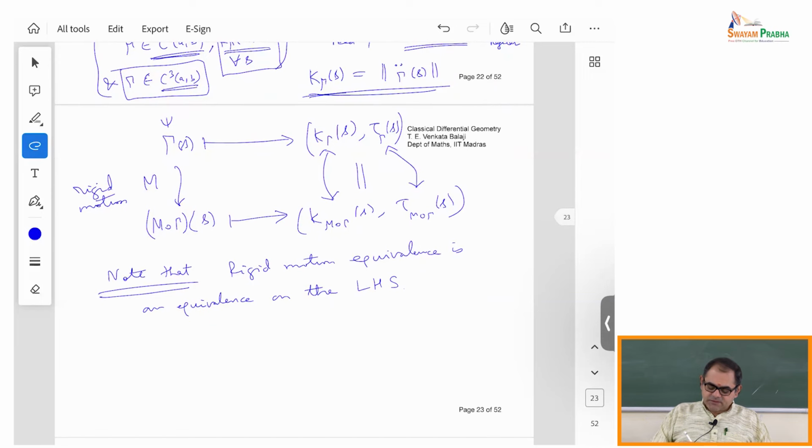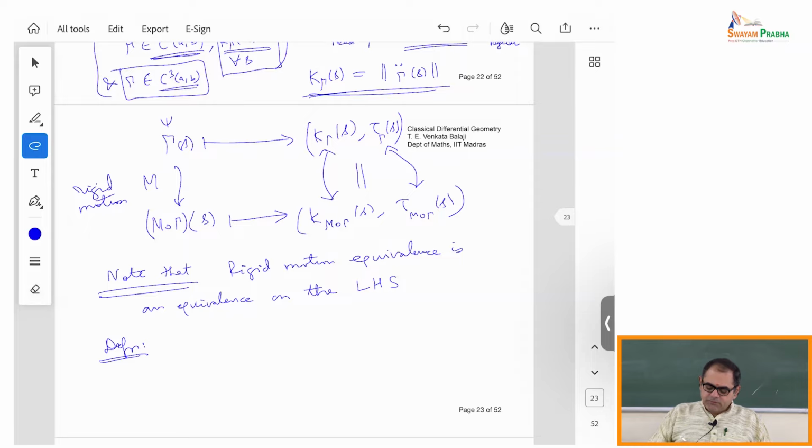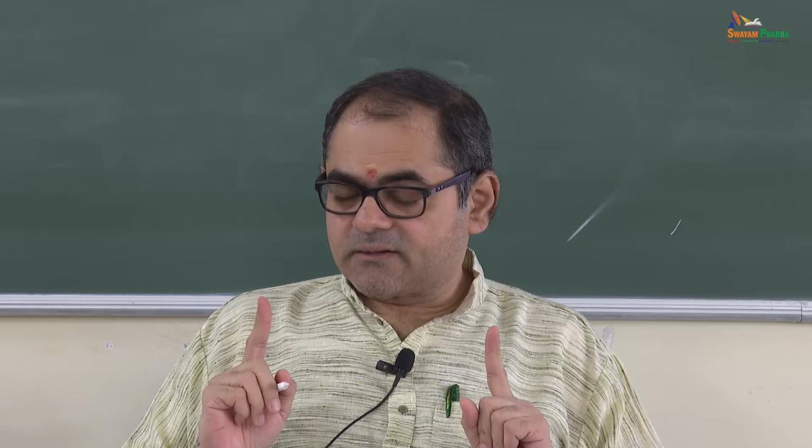That means, you make the following definition. You take, so let me use capital gamma 1, capital gamma 2 on the LHS. Okay, you take two such curves. They are both unit speed, parameterized by increasing arc length. They are both C3, and they both have positive curvature.